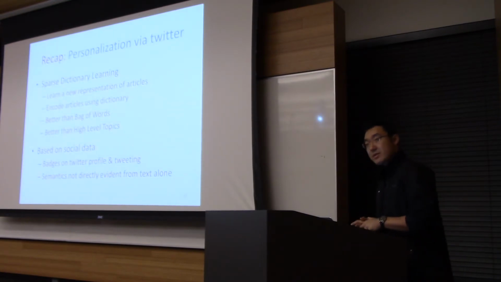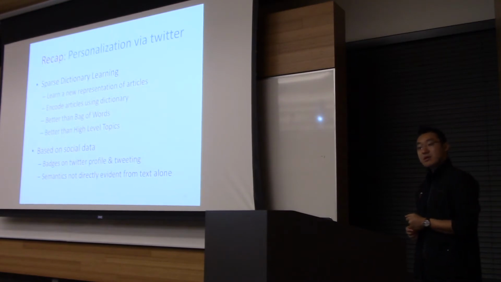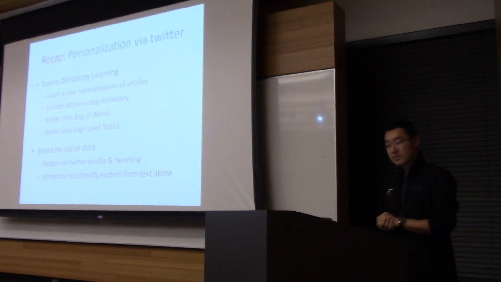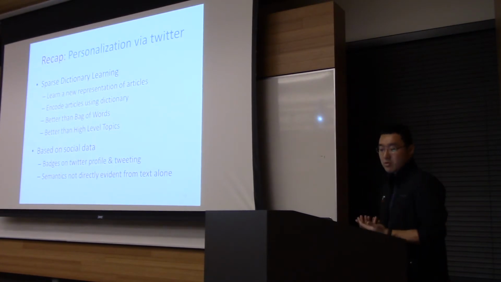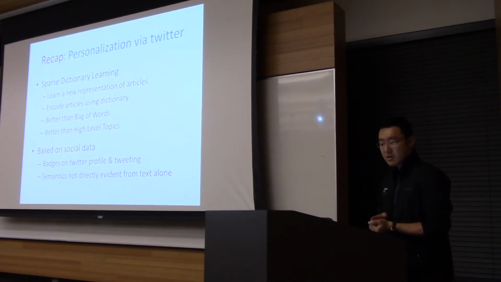Right. So just to recap, this was an application of sparse dictionary learning, where we want to learn a new representation of articles that's useful for capturing user preferences, and then encode these articles using this representation.